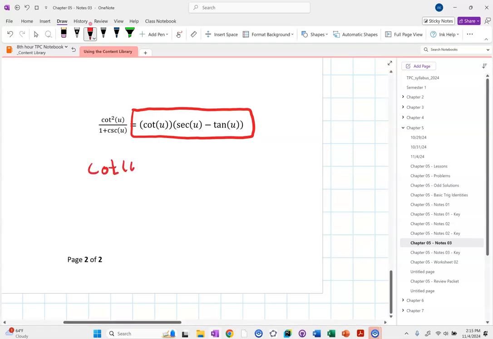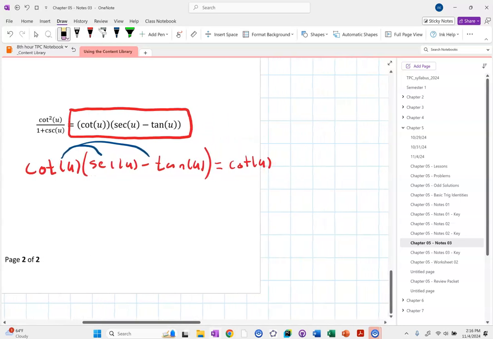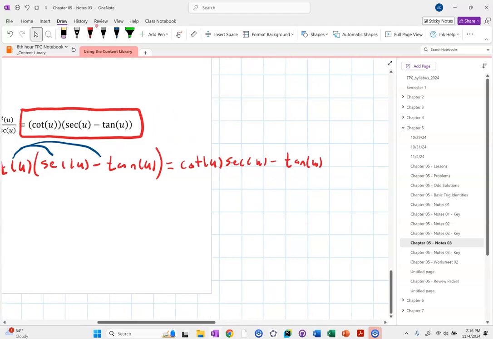Would I factor, or not factor out, but would I distribute it? Yeah, we can do that. Okay.